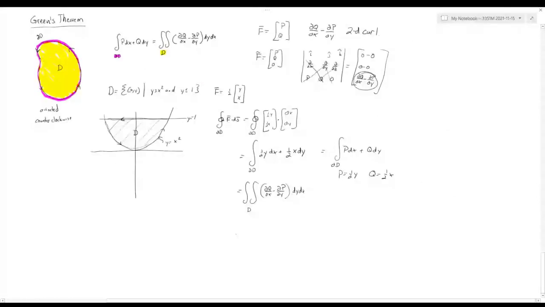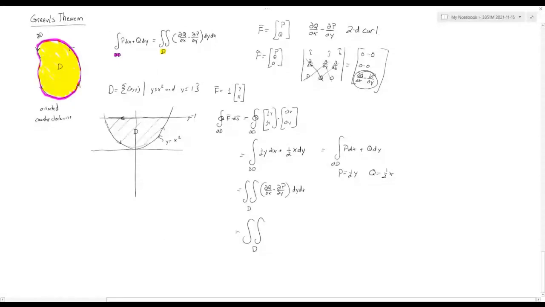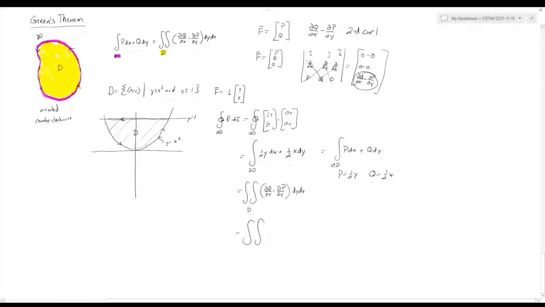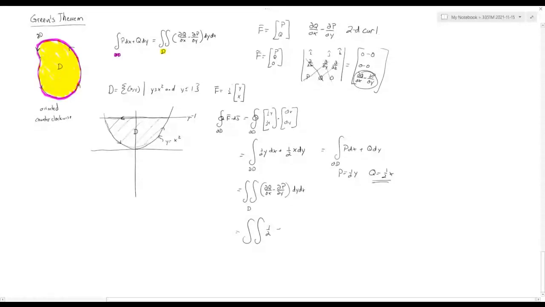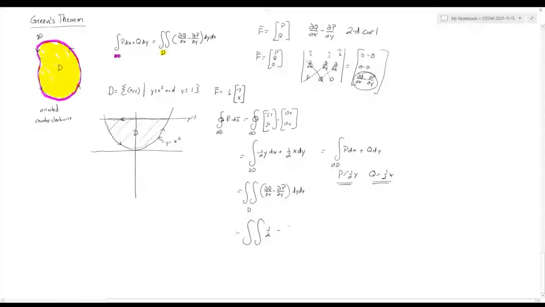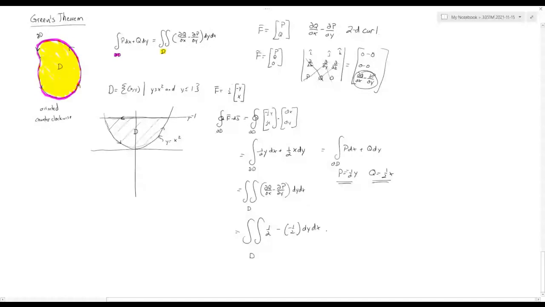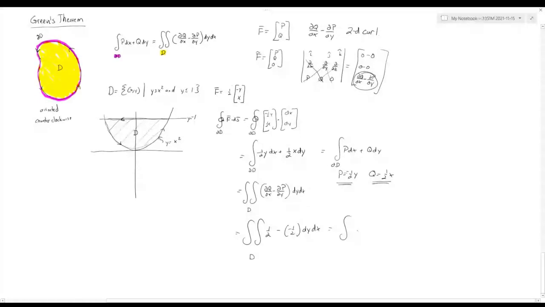Let's compute the derivative of q with respect to x, and then minus the derivative of p with respect to y. Oh, wait a minute, this is supposed to be minus. I feel silly. Sorry about that. So the derivative of p with respect to y is -1/2. So indeed, you get 1 in dy dx. So this would give you the area of that region D.